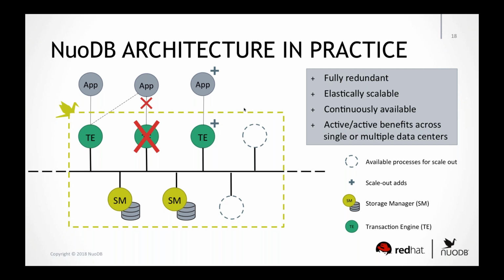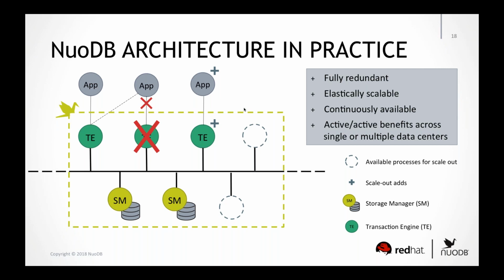The connection drops, the application catches the exception, and reconnects. Transparently under the covers, the application reconnects to a different server. So as far as the application is concerned, if one of the engines fails, not a problem. The transaction is rolled back, you retry the transaction, you succeed the next time, and the application goes on.